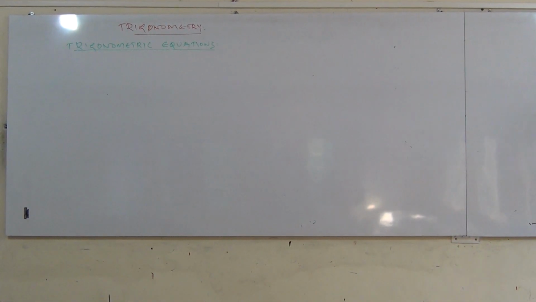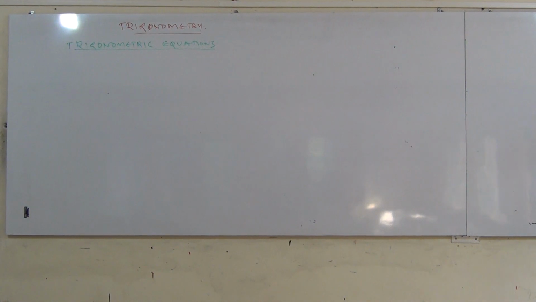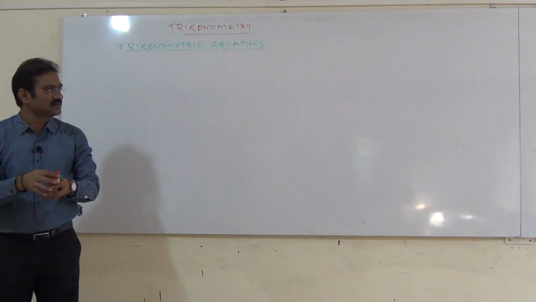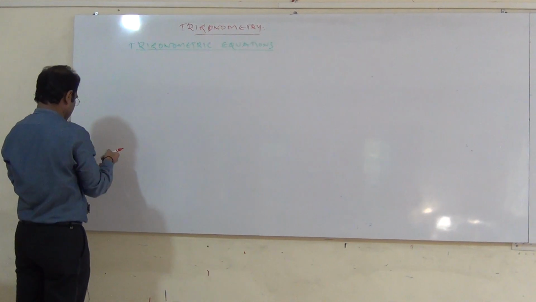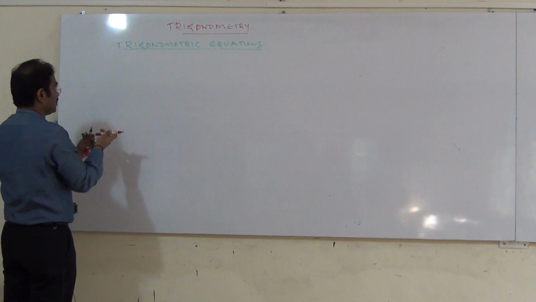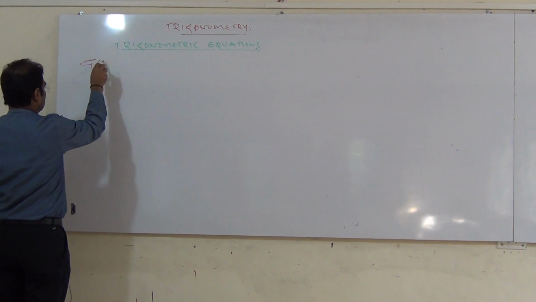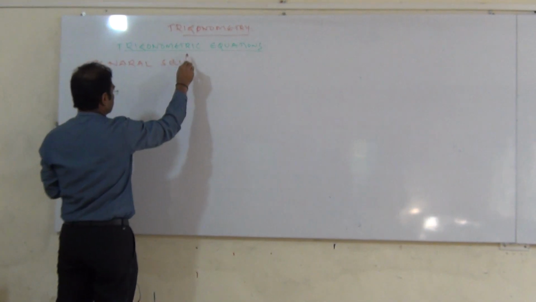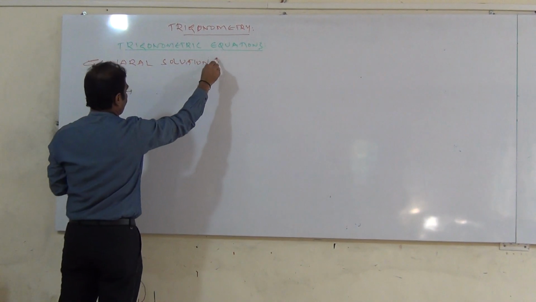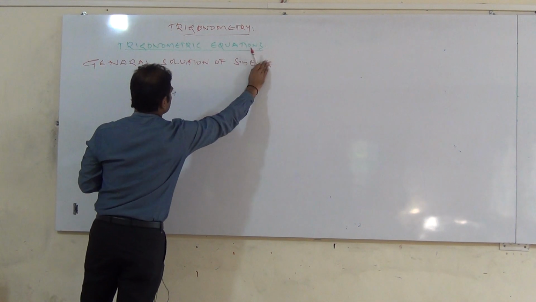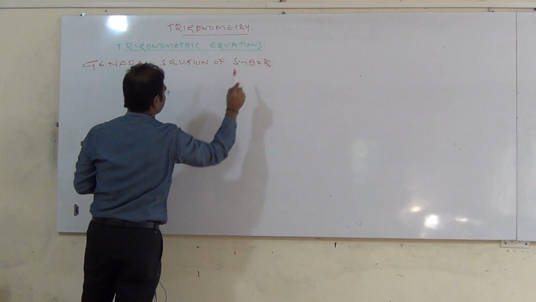Okay, first we start with the general solution of sin theta. Trigonometric equations, in this, the first one is the general solution of sin theta is equal to k.